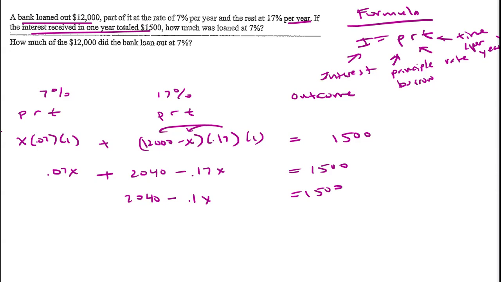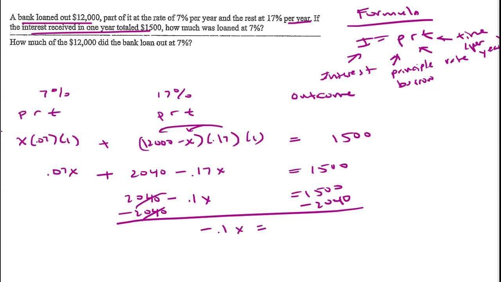Then we're going to subtract 2040 on both sides. We get negative 0.1x equals 1,500 minus 2040. Let me pause for a second.